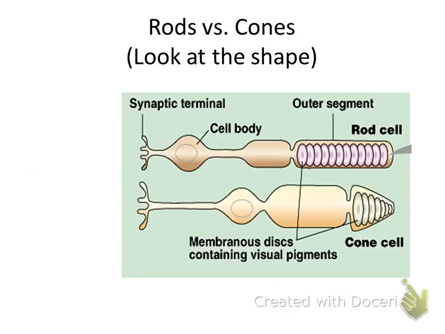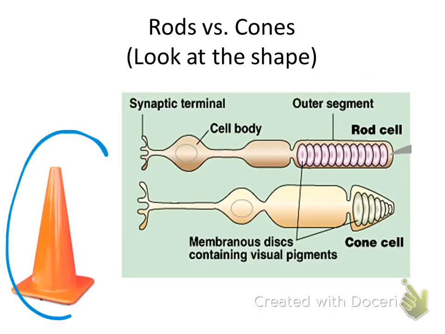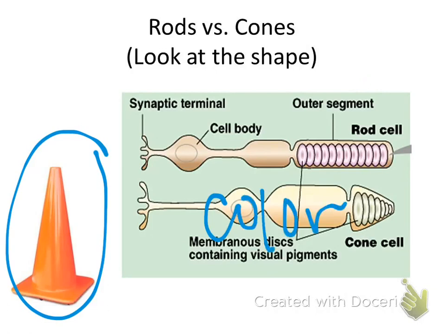Rods are going to be for black and white, while cones are for color. I told you to remember that cones are for color because of the orange cones in the middle of the road. They're orange. So cones are for color, rods are for black and white, and these are receptors on the back of the eye.